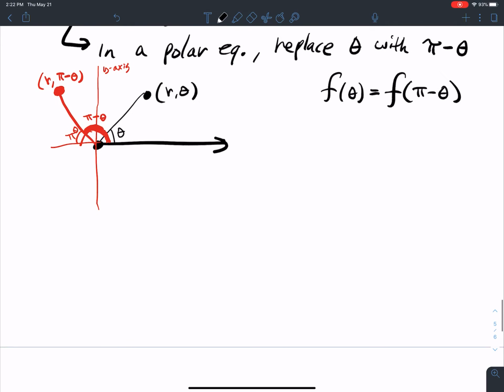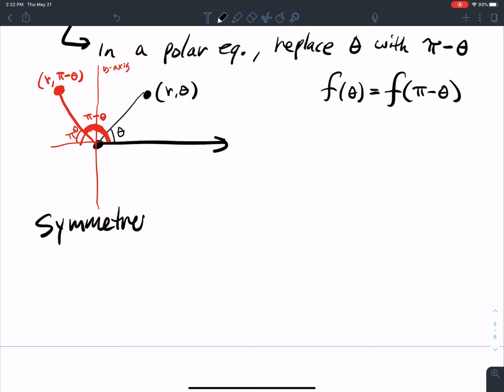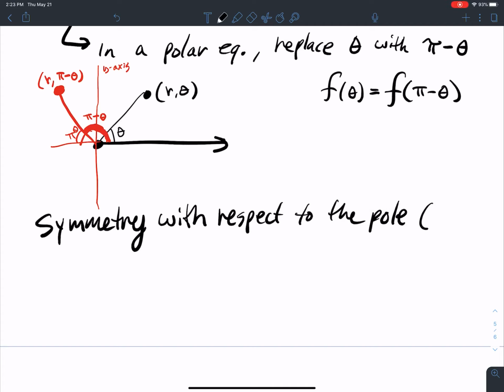And then the last one, symmetry with respect to the pole. That's origin symmetry in Cartesian, rectangular form.